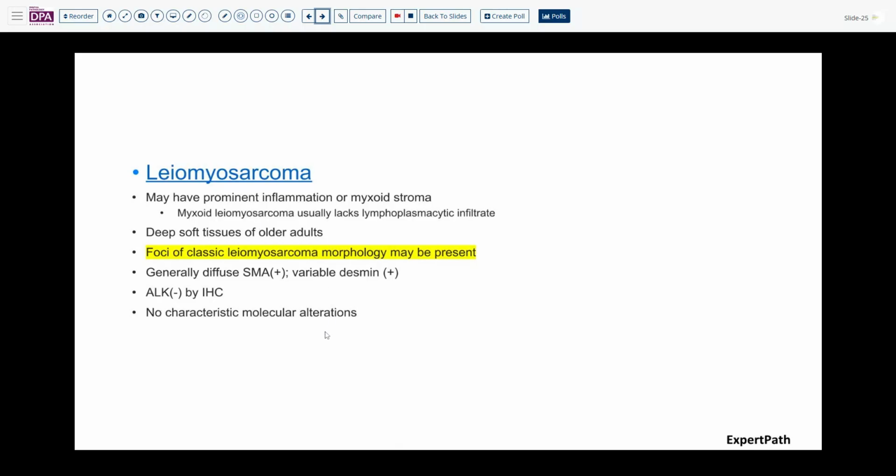And of course, IHC staining will show diffuse SMA and also desmin, ALK negative, because no fusion or translocation is found in leiomyosarcoma. The cells show really high pleomorphism because it is not a translocation-driven soft tissue mass.